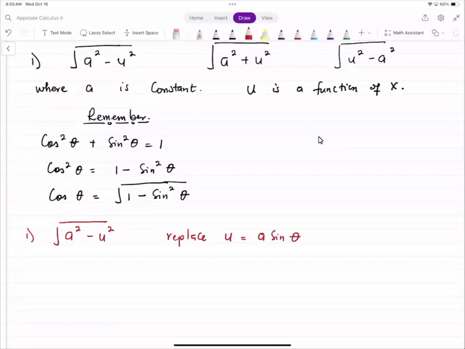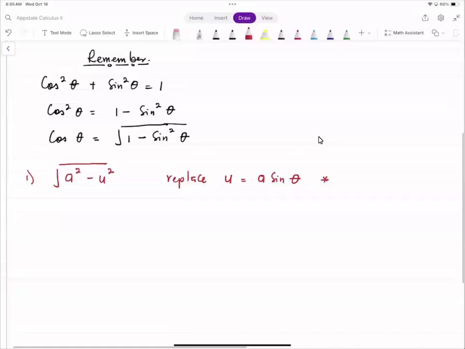I think it's very important to be able to write this. So if you have situations where a is a constant and then you have minus and u squared here, we are going to manipulate this and represent u as a sine theta. So I think it's important to write this in your notes.